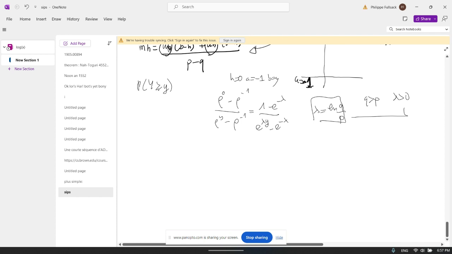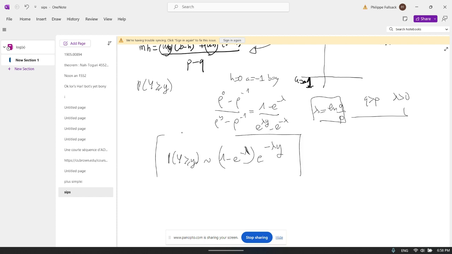So altogether, what we find is that the probability that Y is greater than y is of order 1 minus (1 minus e to the minus lambda) e to the minus lambda y. Lambda is called a scale parameter. Here we are. So we found something really important, fundamental.